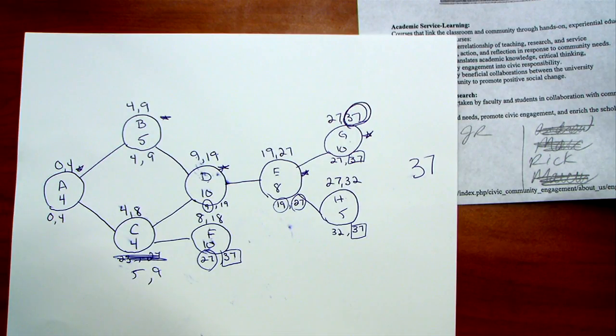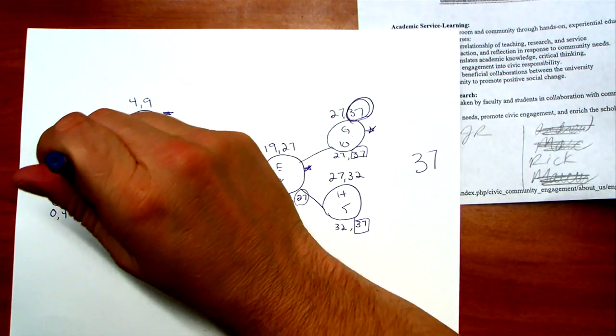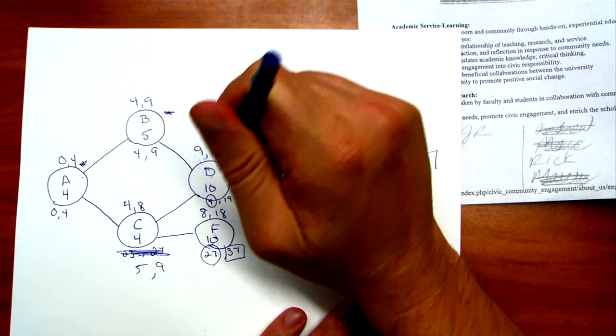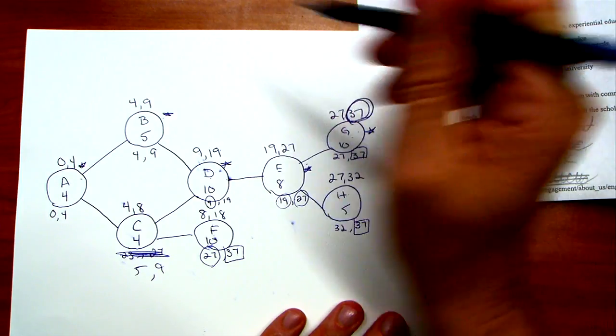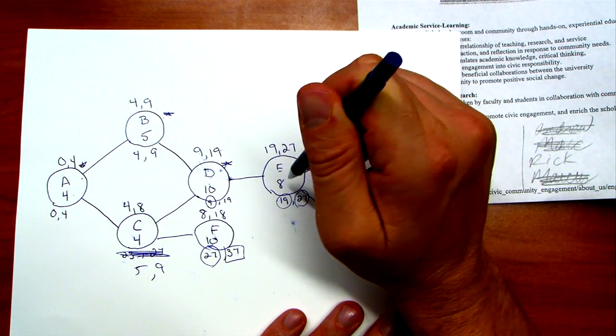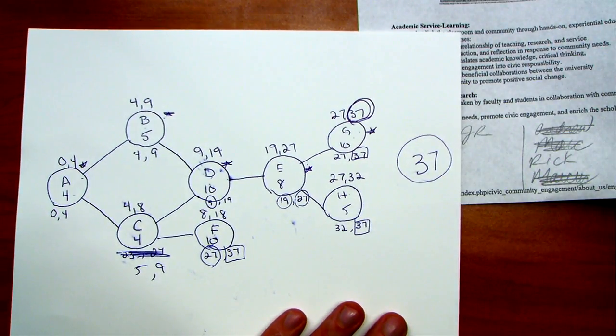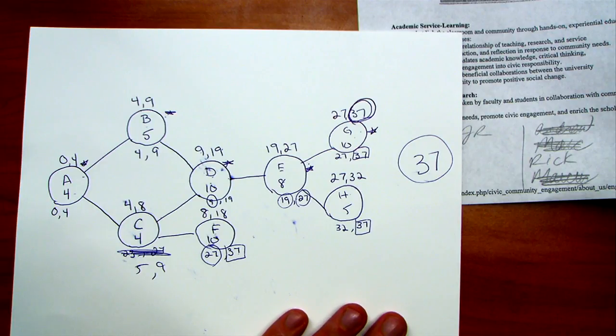And if I look at this, it does look like I have one critical path: A, B, D, E, G. If I add those up, 4 plus 5 is 9, plus 10 is 19, plus 8 is 27, plus 10 is 37. The durations of those activities do indeed add to 37.